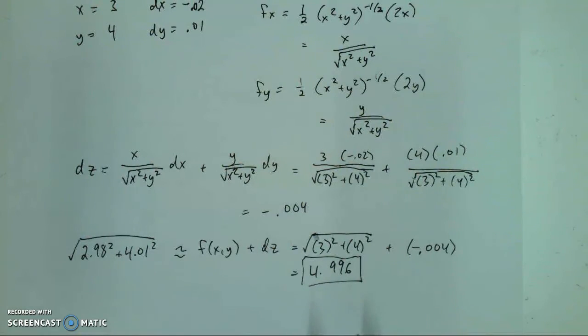And that is something that we could have done without a calculator, which is the point of this approximation. Now, a lot of the homework will ask us to find that calculator value, and even if it doesn't, I will encourage you to do that because that's a great way to check your answer. If the calculator value is totally different than the value I just got by hand, I've definitely made a mistake somewhere.